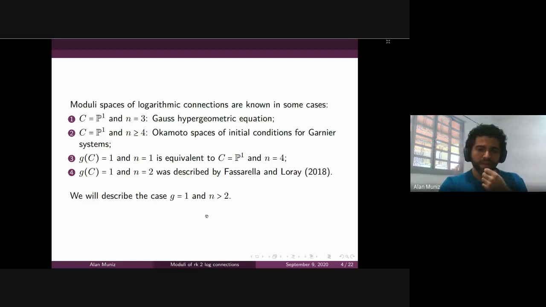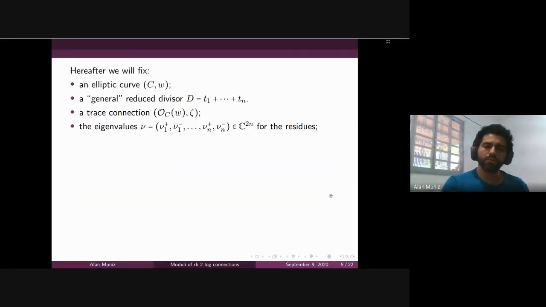Here we are going to describe, in the same fashion as this work, the case where n is greater than 2. Actually, the case n equal to 2 will be included.